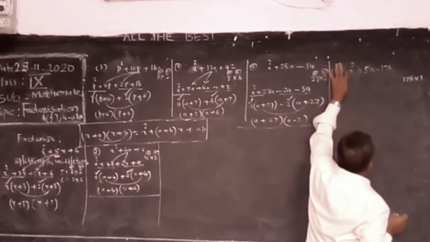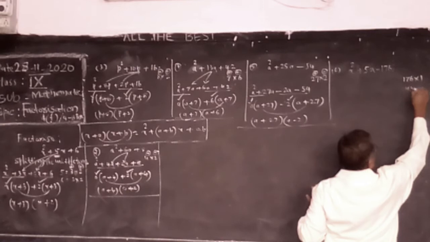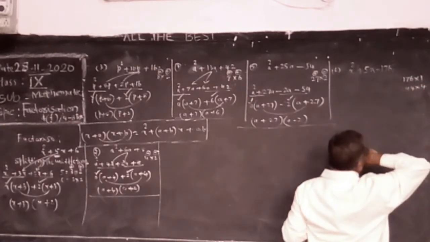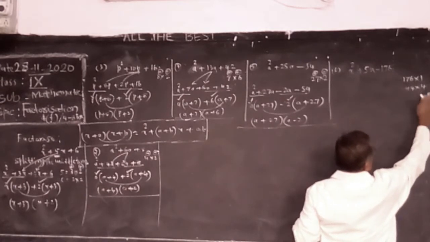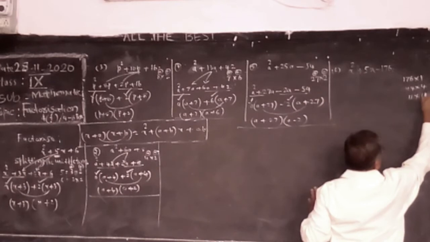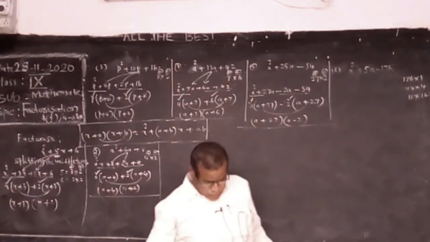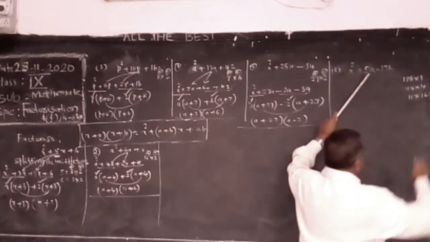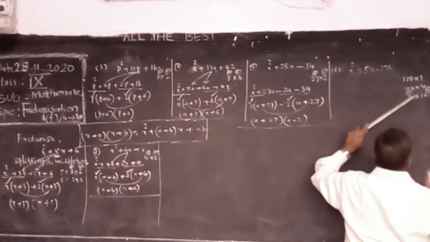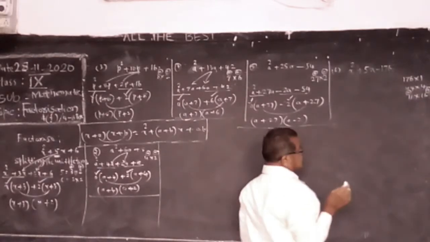Monic means the coefficient here is 1. Here plus 5 is there, so plus the big number, minus the small number. The product is minus 176. So like this is the short form.